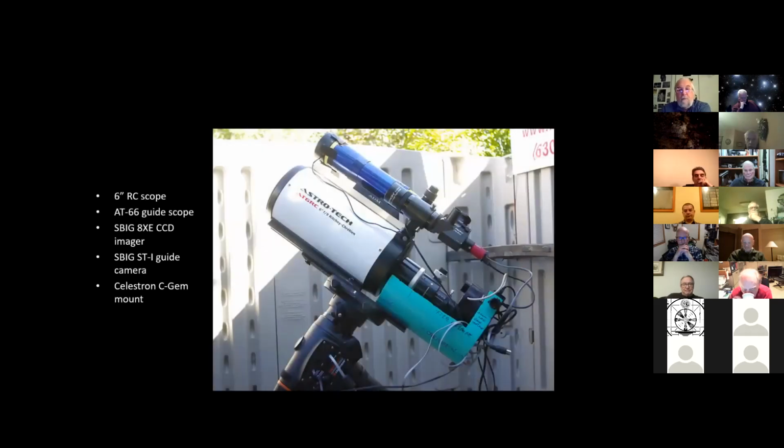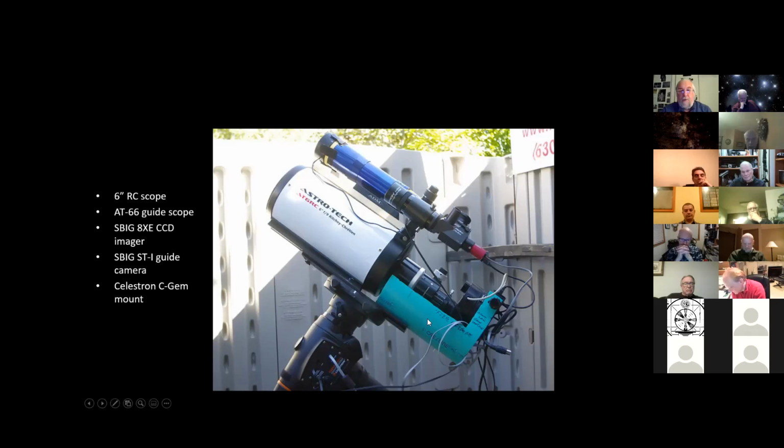So here's my setup. The reason I'm showing you this is that when you take your calibration frames, such as the flat frames, which we'll get into, you need to have this whole system in the same configuration as when you take light frames.